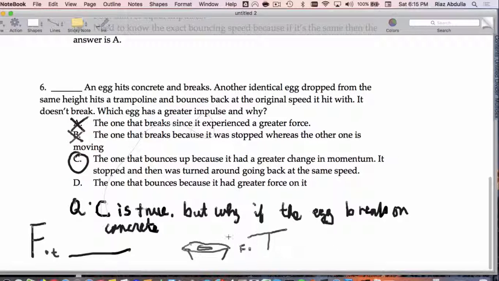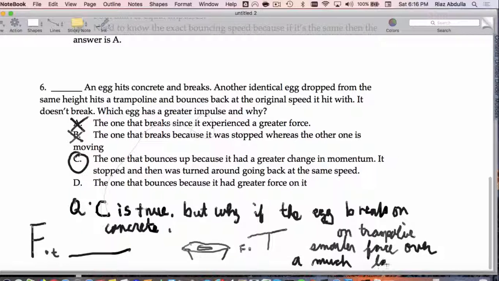So in other words, there may be more impulse for the trampoline, but all that's happening is on the trampoline, there's a smaller force over a much larger time. And that's the idea. The time is so long for the small force that it ends up being a bigger change in momentum, even though the other one has a big force over a small time. It's the product of the force and the time that's bigger.